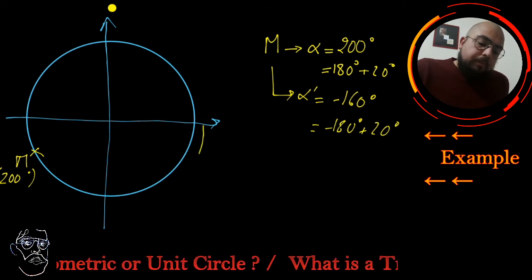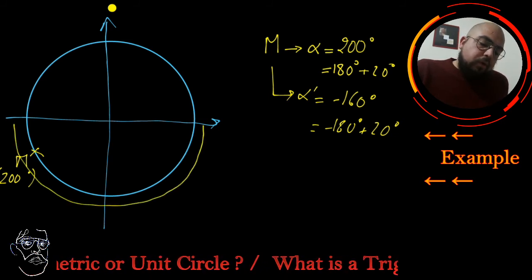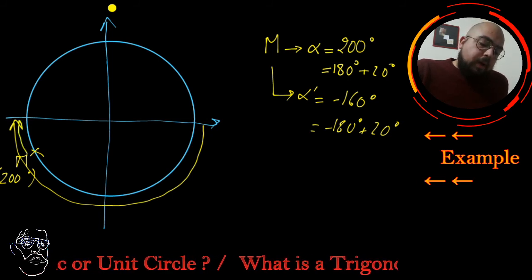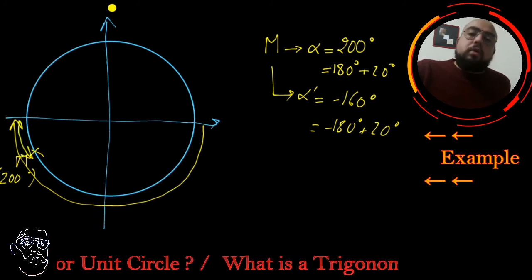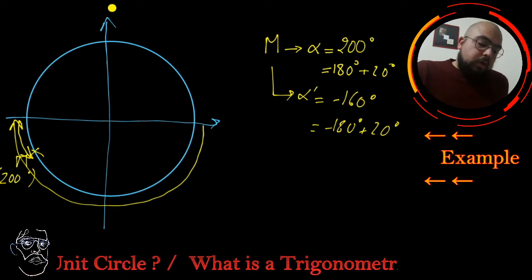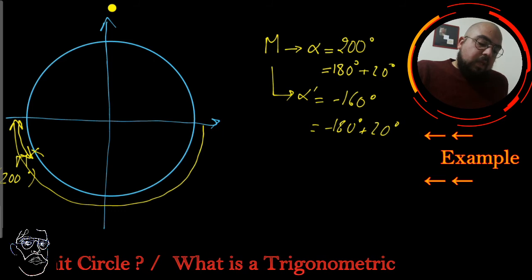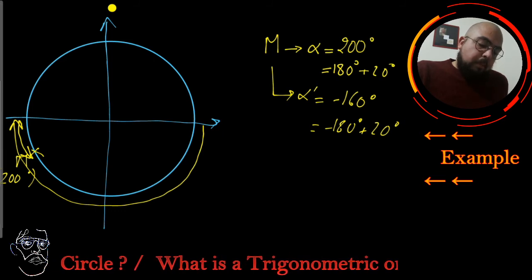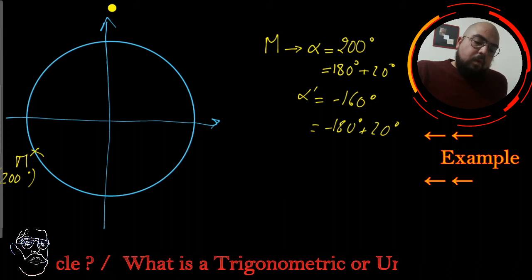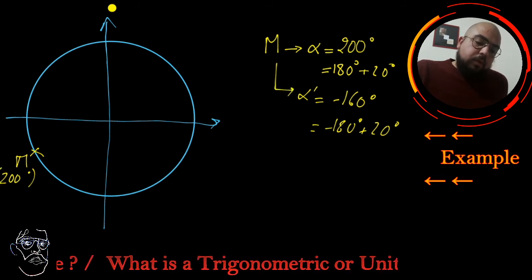Because you're doing a half revolution in the negative orientation, and then plus 20 in the positive orientation, you will reach the same point M. So minus 160 or 200 degrees, they have the same endpoint, which is the point M.